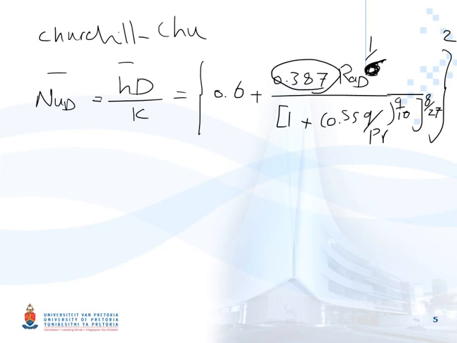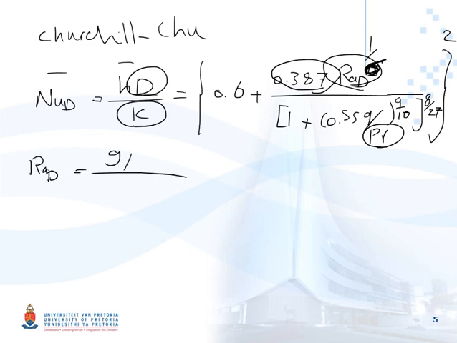Okay, so how can you find this one? Prandtl, we read it from the table. It was easy. The diameter is given, K we read from the table. So the only thing that we need to do is find the Rayleigh number. Rayleigh number is g beta delta T D cubed over nu alpha.